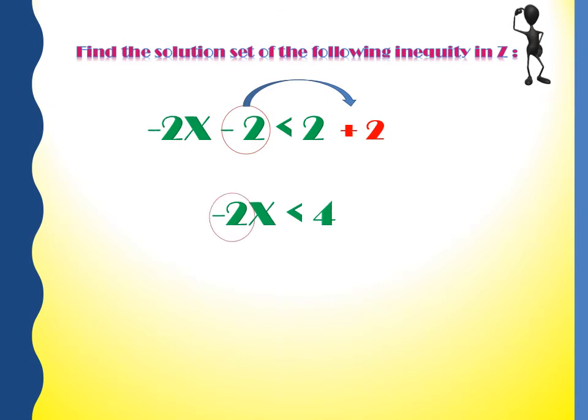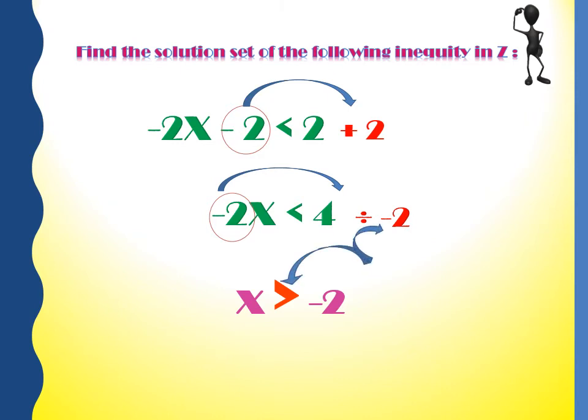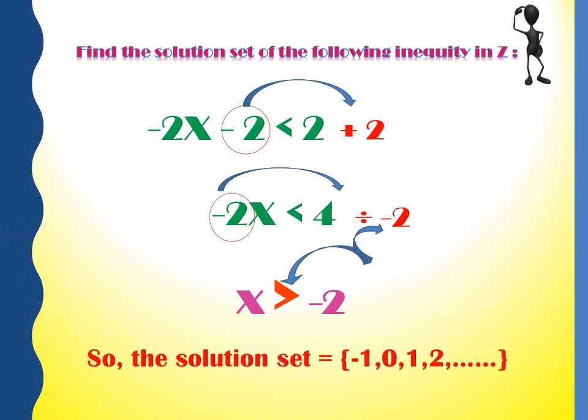Circle negative 2, throw it to the other side by dividing by negative 2. Here we should flip the inequality to have x greater than negative 2. Then the solution set in the set of integers is negative 1, 0, 1, 2 till positive infinity.